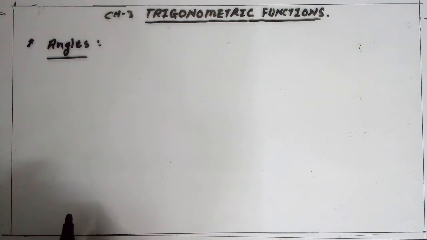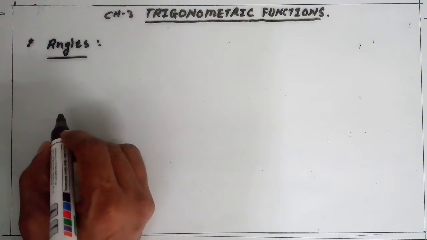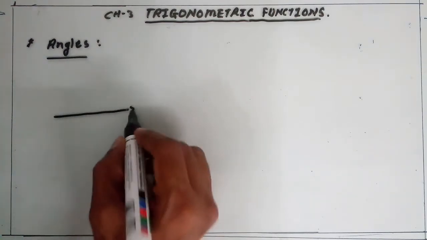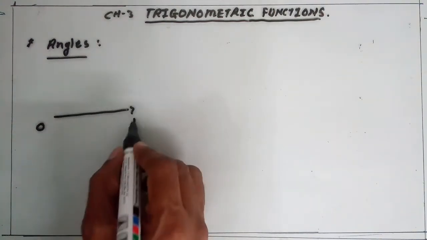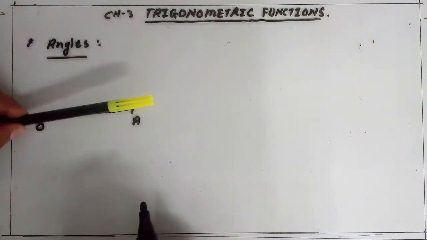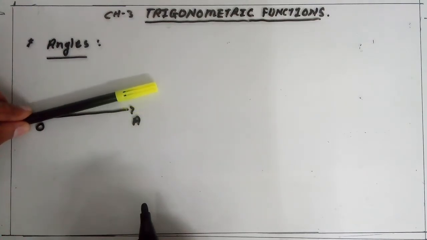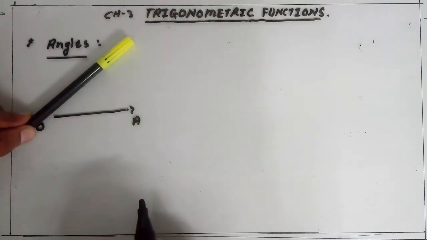Angle is the measure of rotation of a given ray about its initial point. If we have ray OA and if we rotate this ray OA, then the measure of this rotation is called the angle.